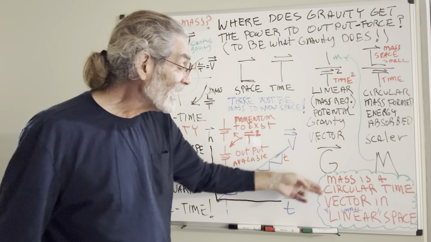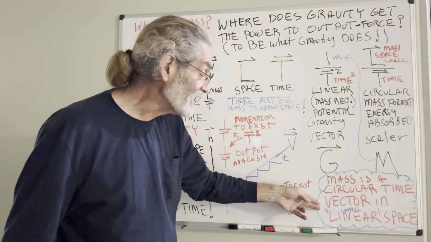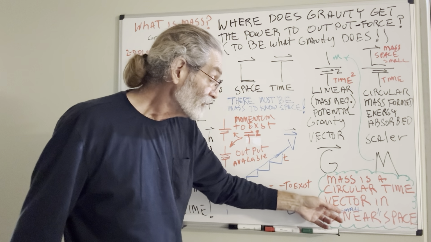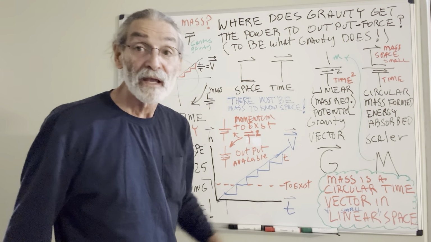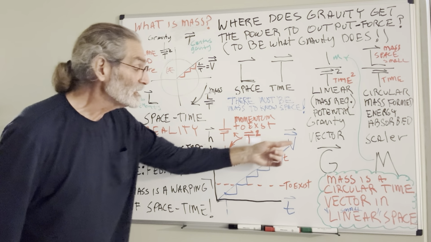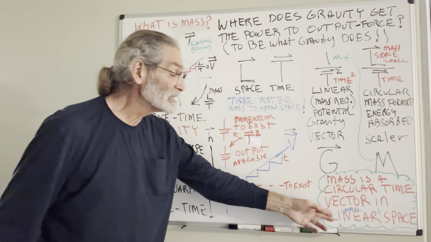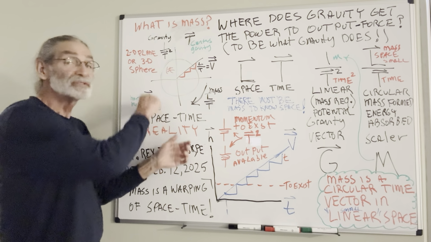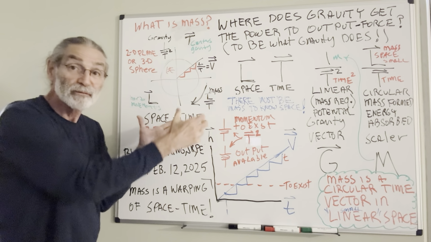So from that, mass is a circular time vector in linear space, very small linear. In other words, the energy that the velocity is using is to keep the mass in that form.